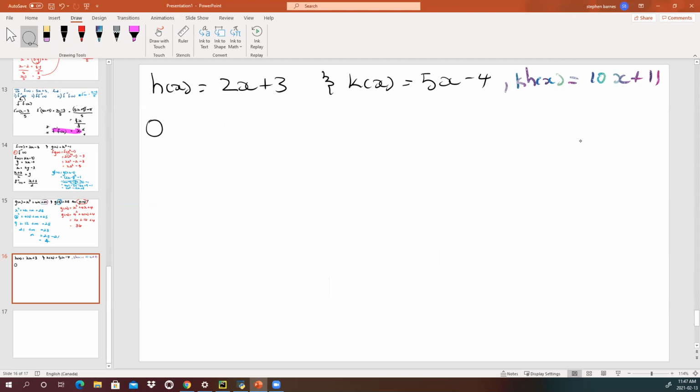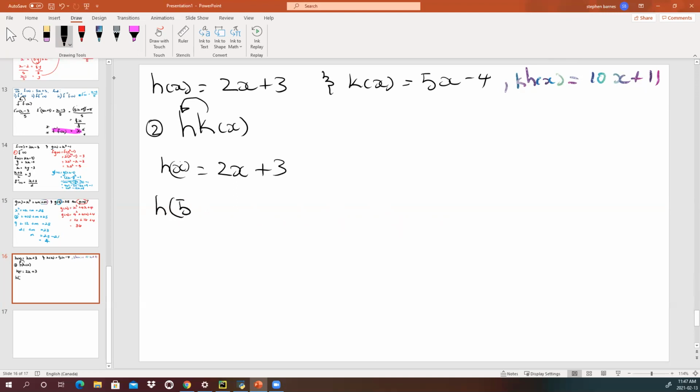Second question now is HK. So HK, the compound function HK, which means you're putting K into the H function. So the H function is 2x plus 3, all right? So you're putting K into it now. So instead of x, you're going to be putting the K function.